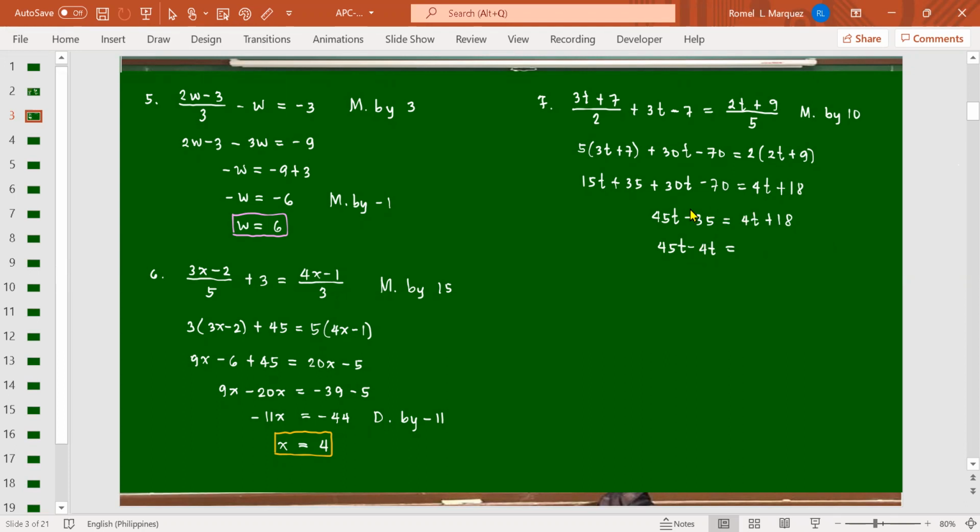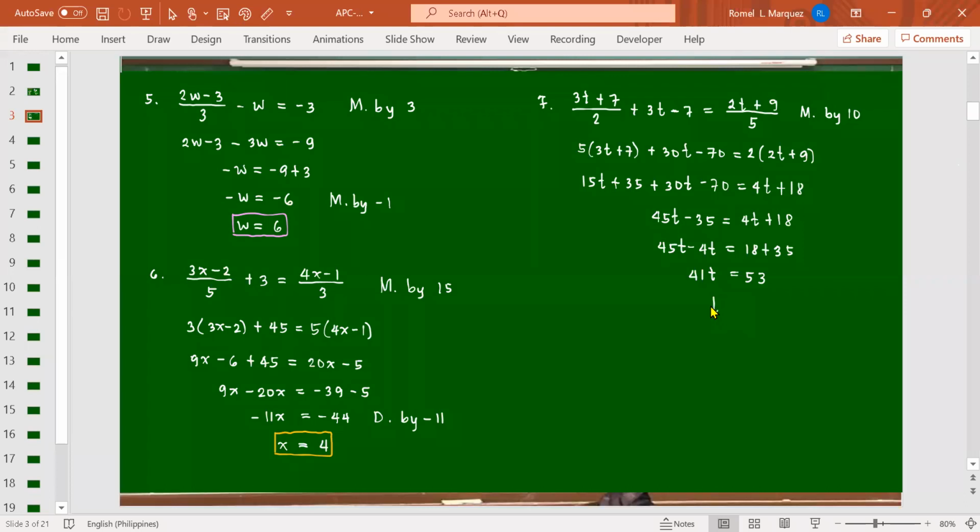And then to get rid of this constant on the left side, we have to add positive 35 on each side of this equation, getting 18 plus 35. So no more negative 35 on the left side. So this is 41t. And 18 plus 35 is what? That is 53. Okay, guys?